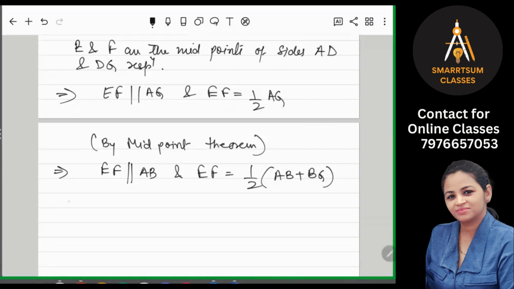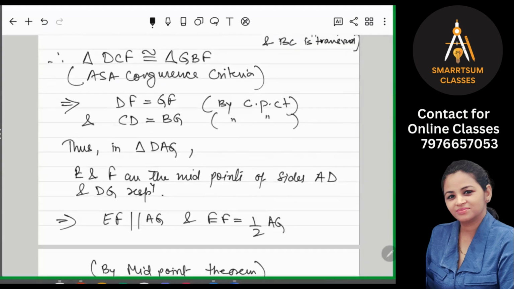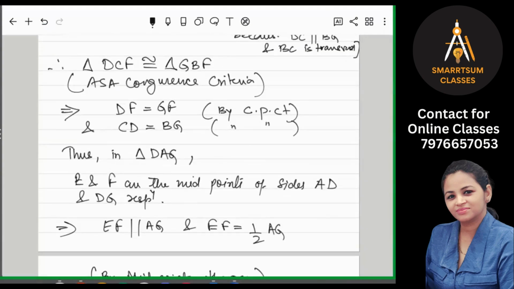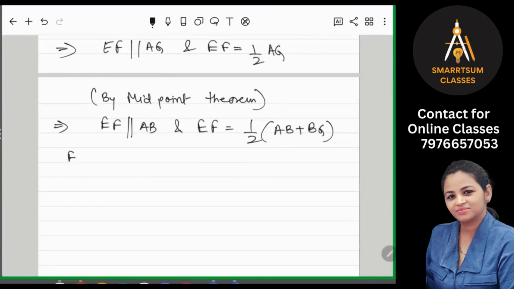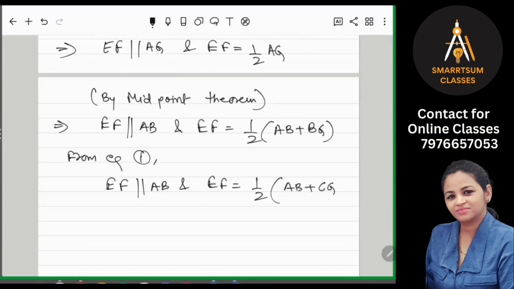And we already know that from this equation, CD is equal to BG. Suppose this is equation number 1. So from equation number 1, we can write that EF is parallel to AB. Now, we can write EF is equal to half of AB plus CD, so instead of BG, we are writing CD.